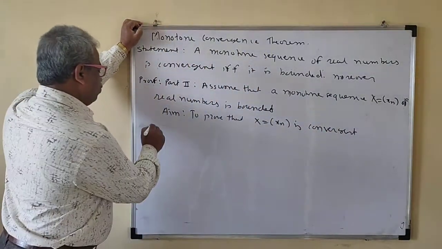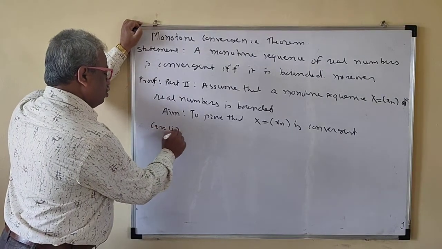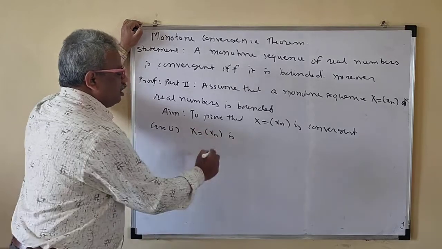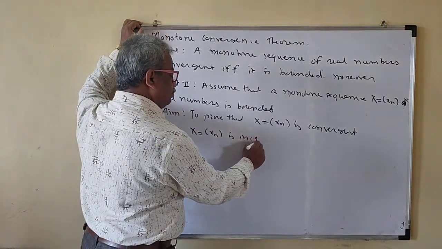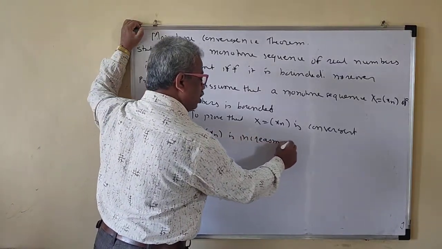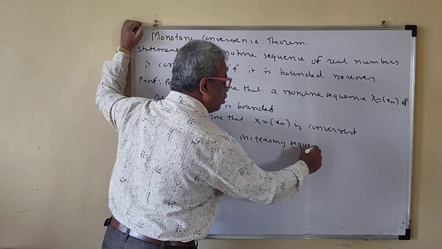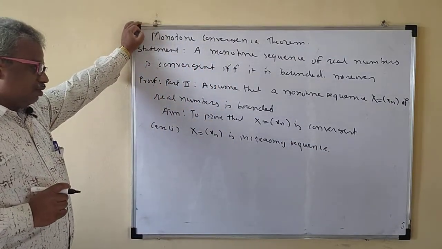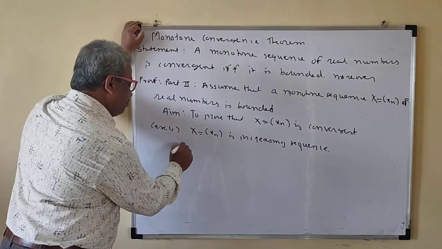Case 1: x equal to (xn) is an increasing sequence. What is our aim?